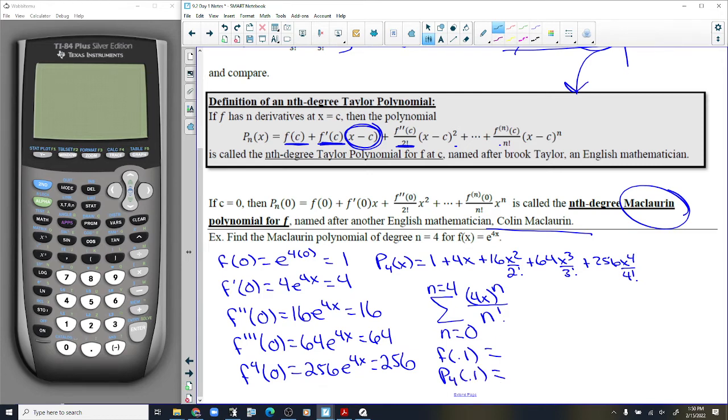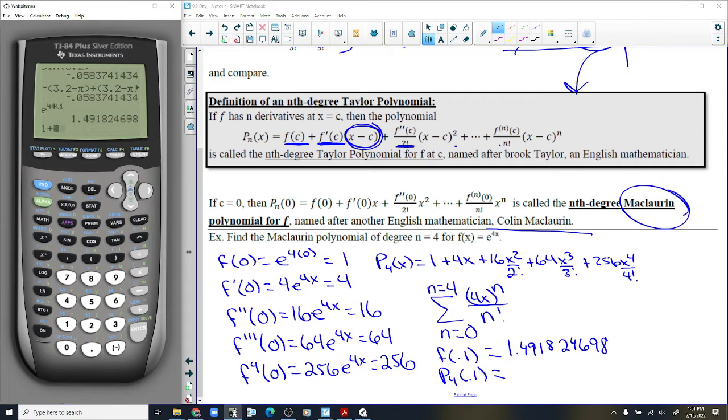Let's see how those compare. We're not going to do this every single time, but I want to show you that not every function converges as quickly as sine and cosine. So 4 times 0.1. We'll call this the actual value: 1.491824698.